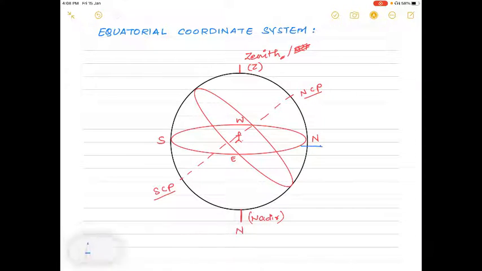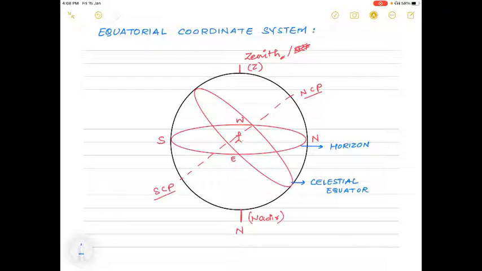We will name all those things. This is the horizon of the observer. This is the celestial equator. Zenith and nadir we have denoted first. Then we have denoted the four directions: north, south, east and west.